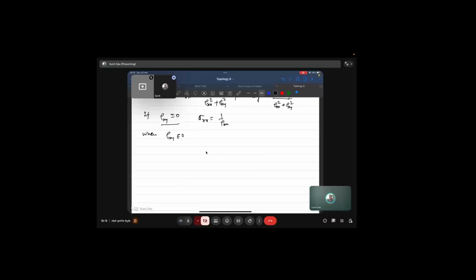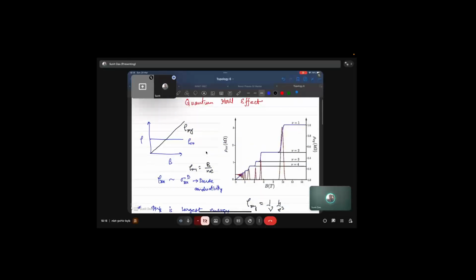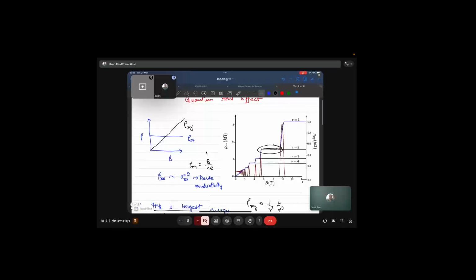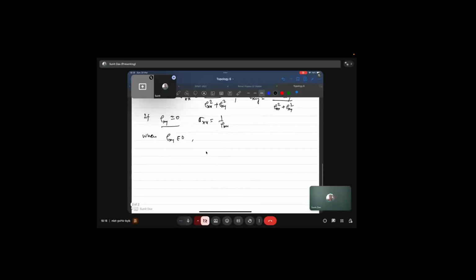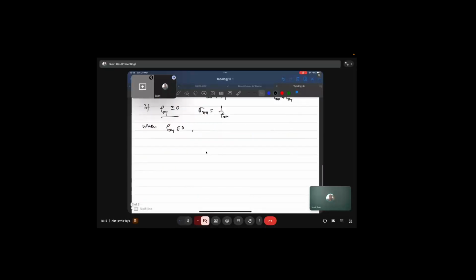whenever your rho xy is non-zero, let's say this one, then at this plateau, your rho xx is 0, right? So rho xy is non-zero and rho xx is 0.